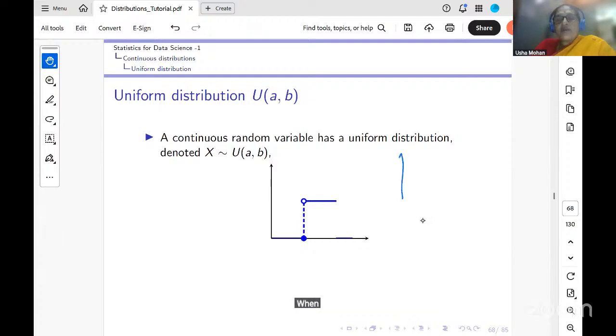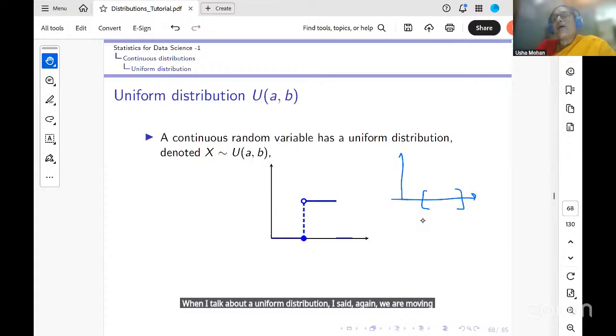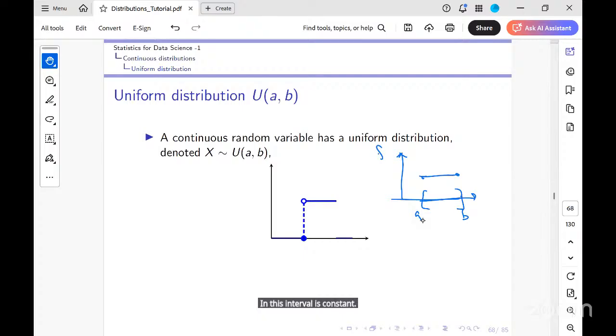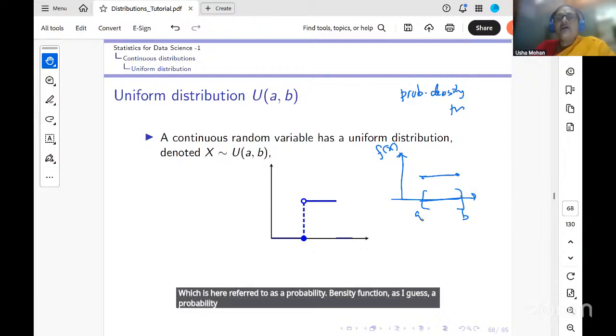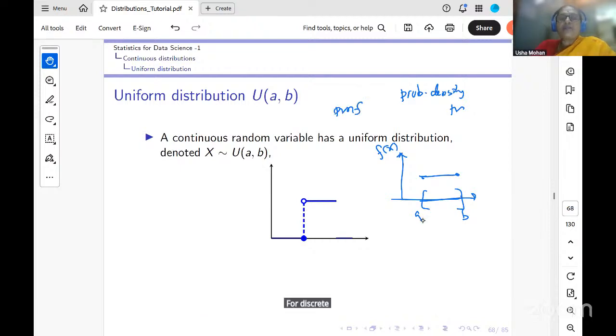When I talk about a uniform distribution, we are again moving to a continuous distribution. The value that x takes in this interval is constant. The distribution is here referred to as a probability density function, as against a probability mass function. For discrete, we called it a PMF.